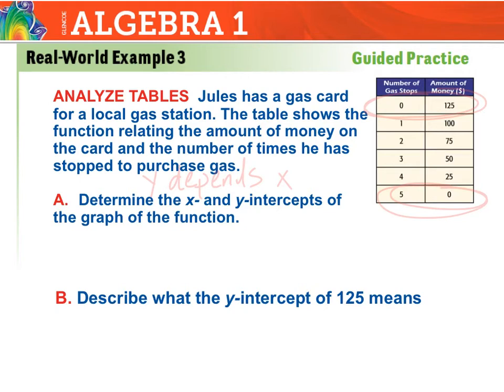Right? No, the first way I said it is the one that makes sense, right? So the amount of money depends on the number of gas stops, right? The more gas stops, the less money we have on this card, okay? So with that being said, if the money depends on gas, then the money is y and the gas is x, okay?